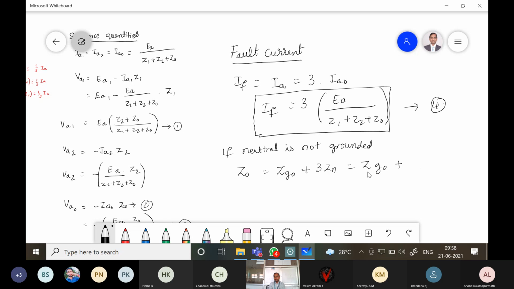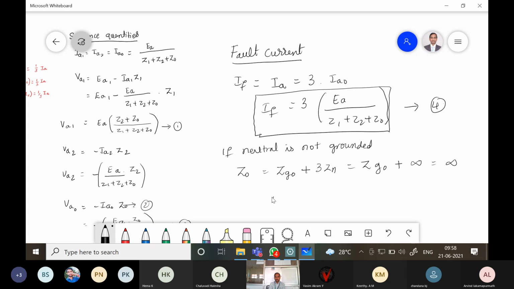There is no neutral, so only the zero sequence component impedance is there, and the neutral is open circuit, that is equal to infinity. So Z0 is equal to infinity.